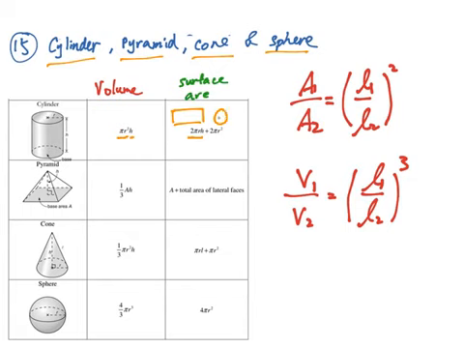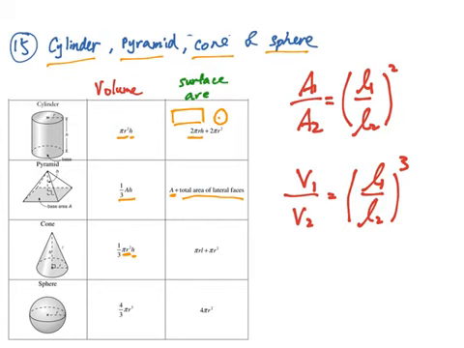Next is about the pyramid. For the volume, it is 1 over 3 base area times the height h. For surface area, the base plus the 4 triangles. Next, cone. Cone is 1 over 3 times the base area, circle base area, times the height.